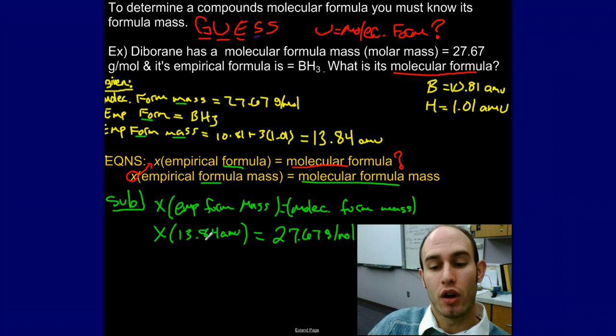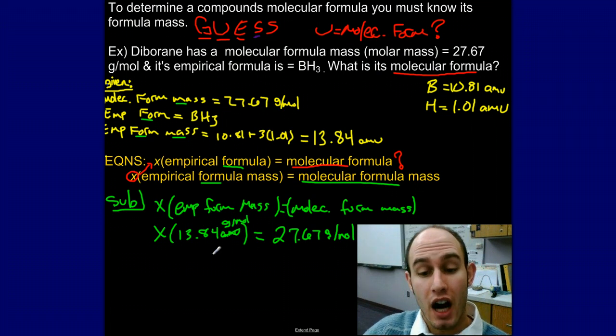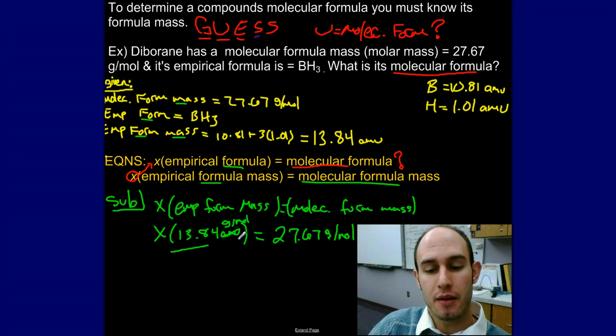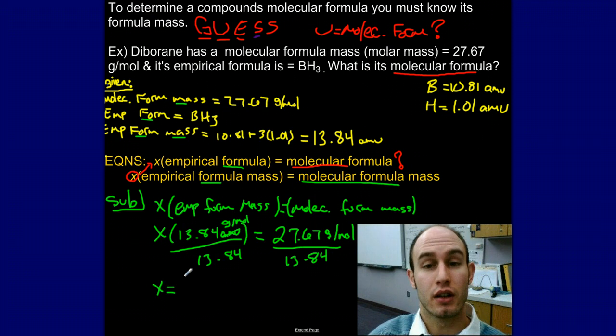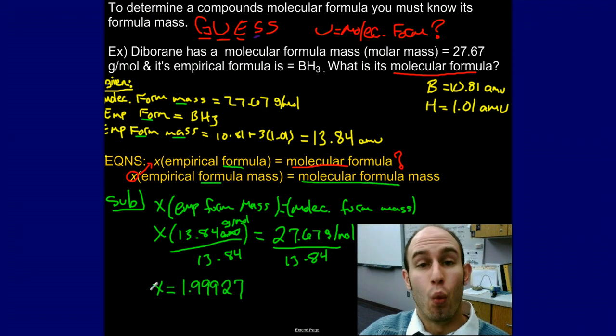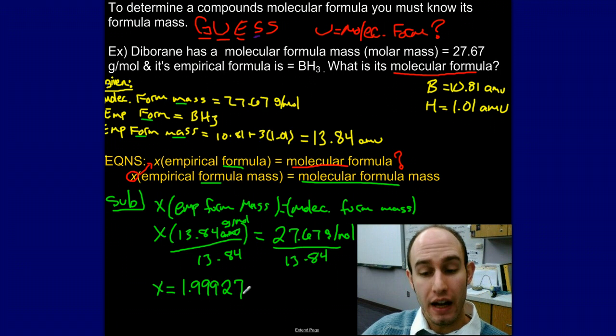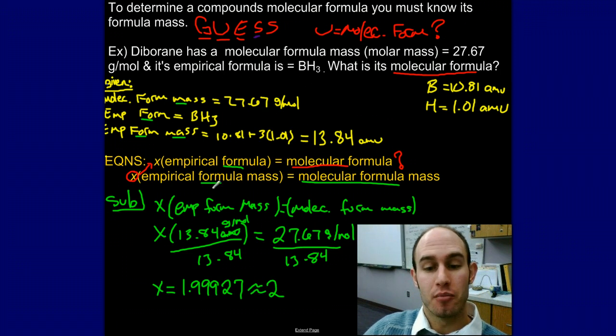That's just assuming I have 1 mole of this compound. So I'm going to assume this is grams per mole. I'm going to solve for my unknown now. Divide both sides by 13.84 to get my answer here. X is going to be equivalent to 1.99927. That's basically rounded to 2. So I now have my 2.